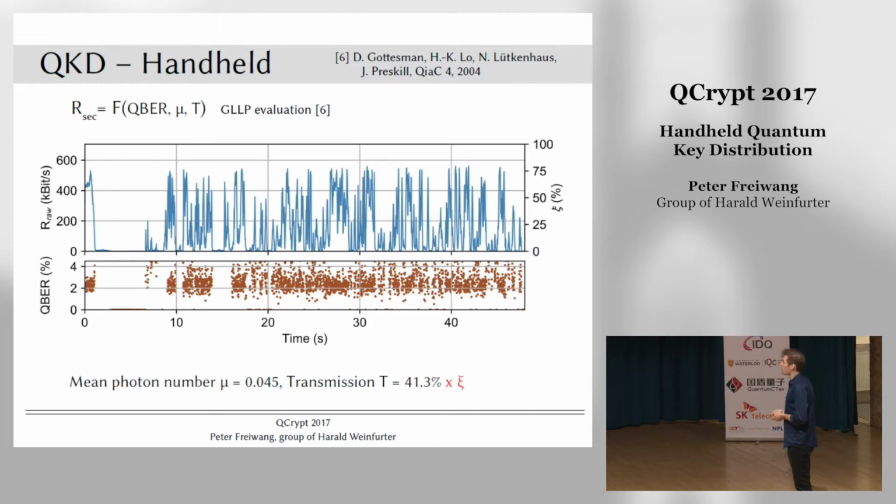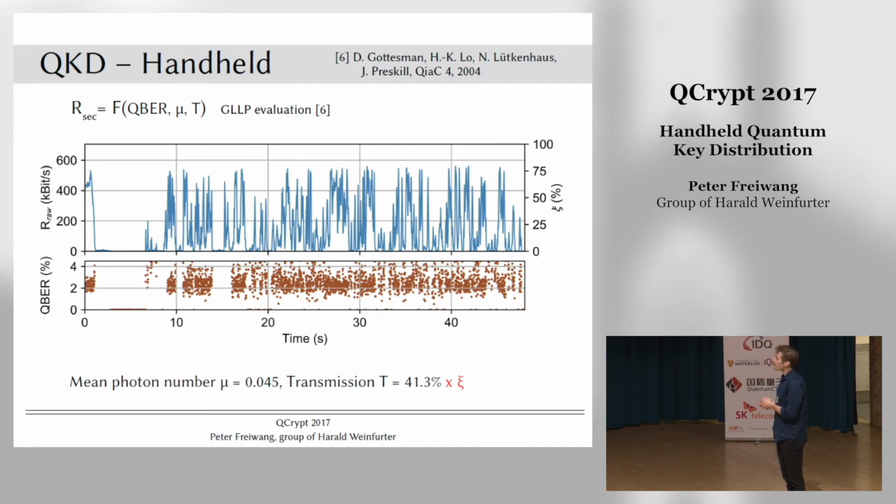And what you can see here is basically a typical run that we made. In the beginning, we placed the sending module in front of the receiver, not very carefully.